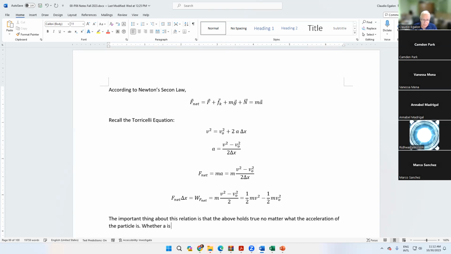Whether a is constant or not, the above still holds true. Keep that in mind.